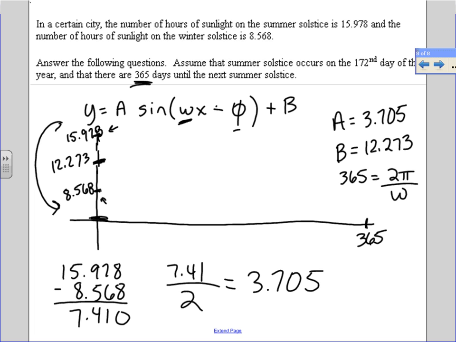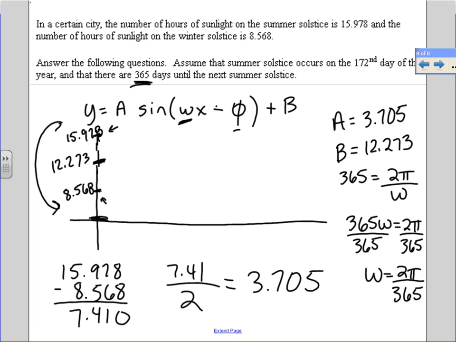So we would cross multiply. So we get 365 times omega equals 2 pi. And now we're going to divide both sides by 365. And so we're going to leave this in terms of pi. So our omega there is going to be 2 pi over 365. And in a minute, we will substitute that value right there.